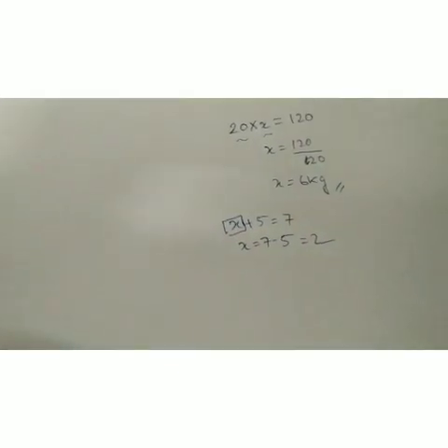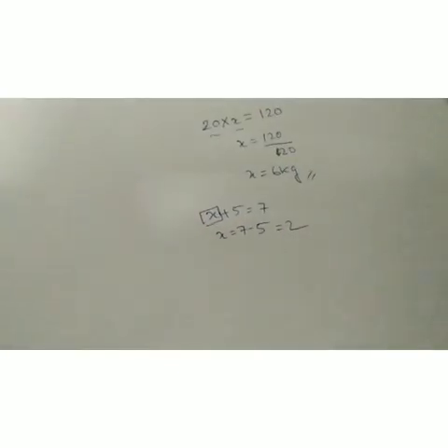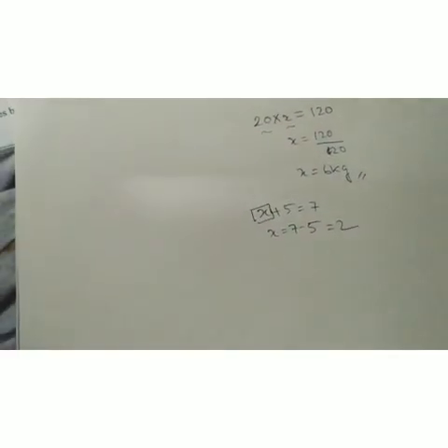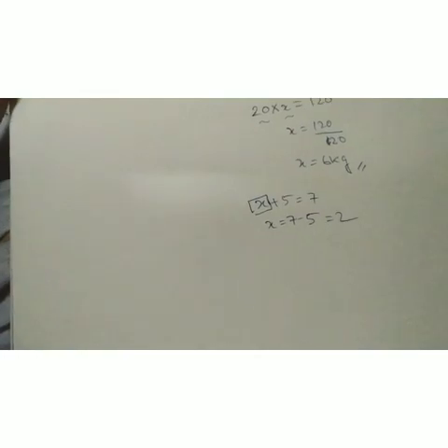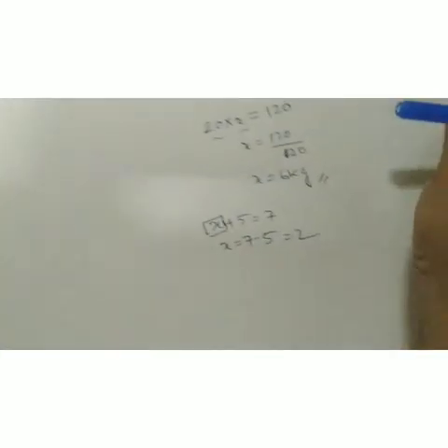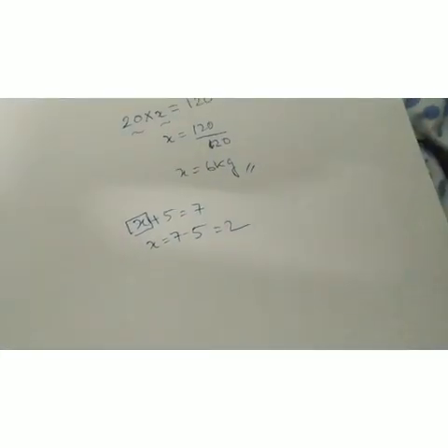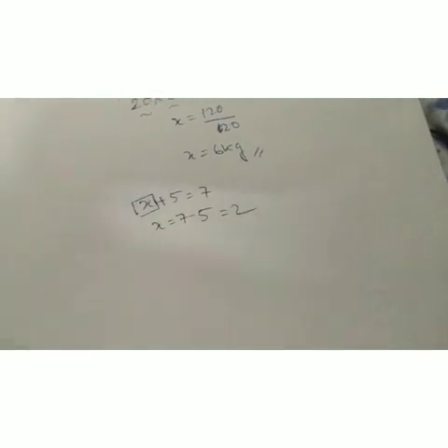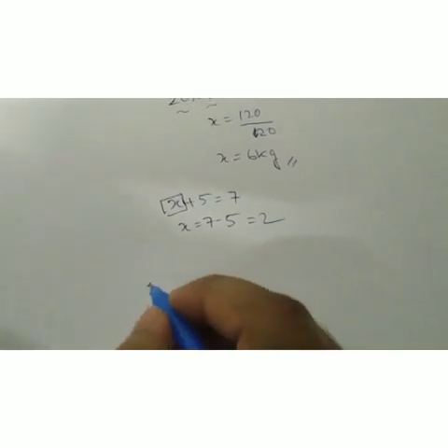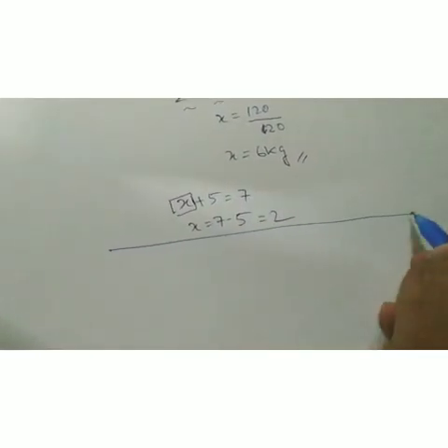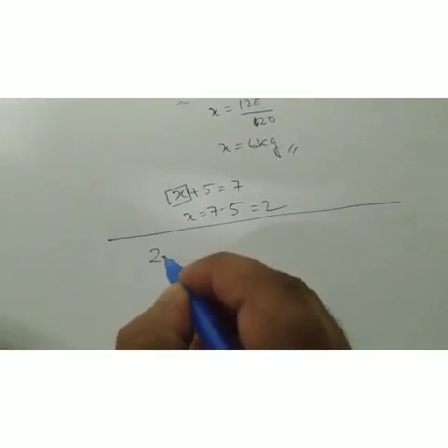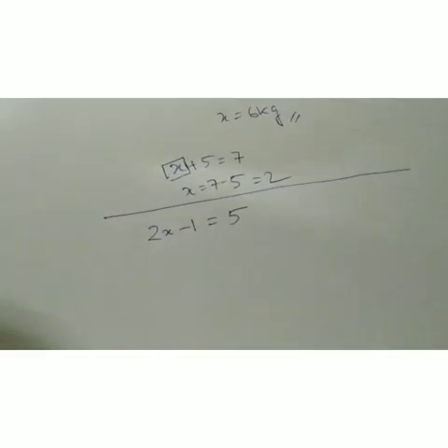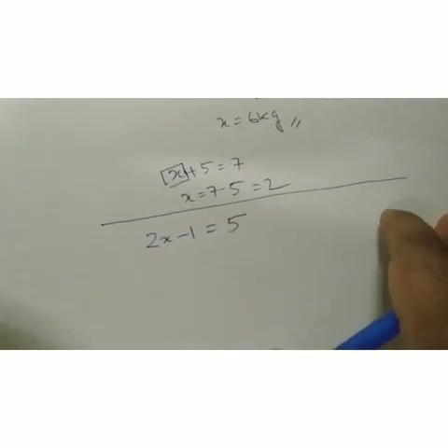I'm sure you understood about equations, what we mean when we say solving an equation. Let me give you a few more examples, then you can understand better how to solve an equation. Let's say I have 2x minus 1 equals 5.